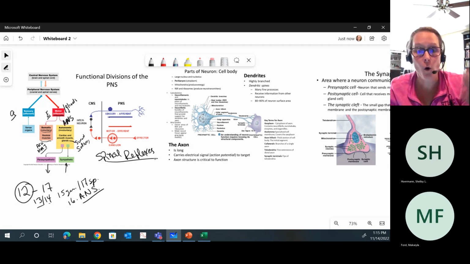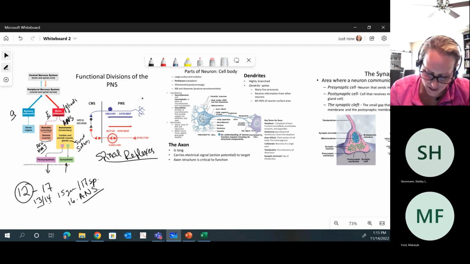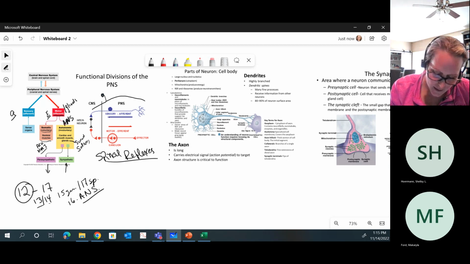So the whole point is that reflex is protective, all right? That reflex is a little bit different from most of our spinal reflexes in that it's going to have a sensory neuron that comes in and directly communicates to the motor neuron that is going to go out and tell the quads to contract.